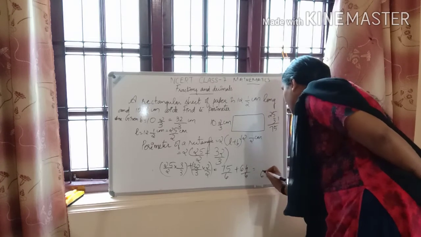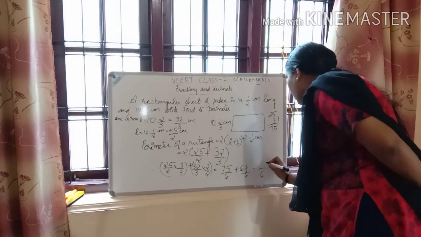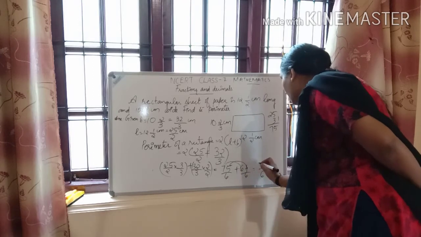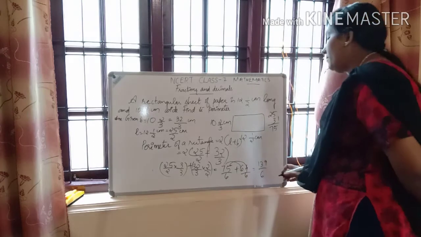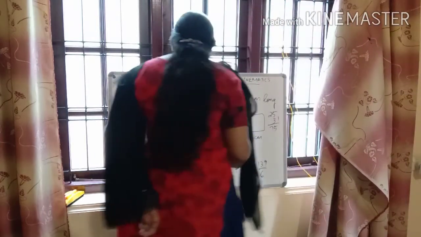You get the denominator as 6, and 75 plus 64 is 139. 139 by 6. This is the answer for L plus B.